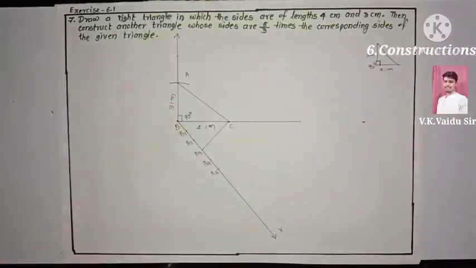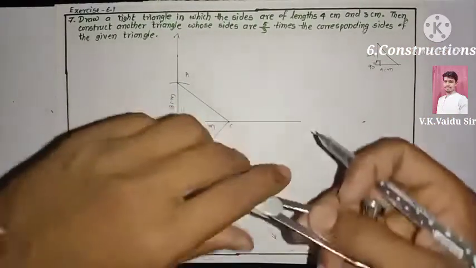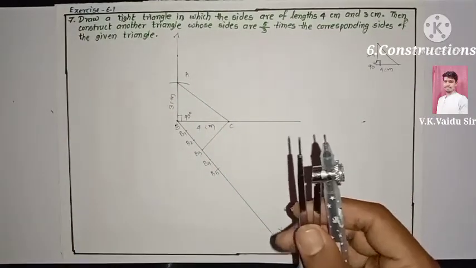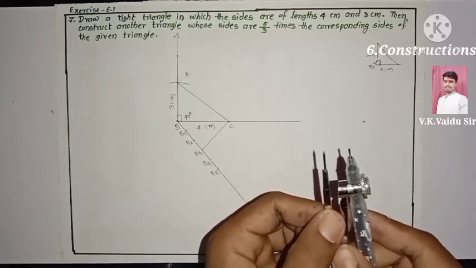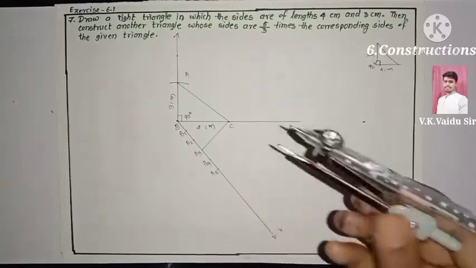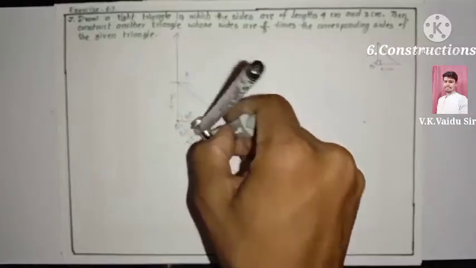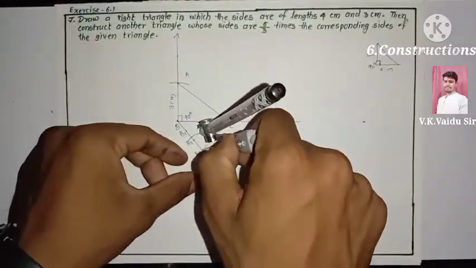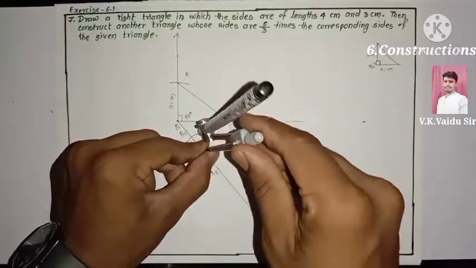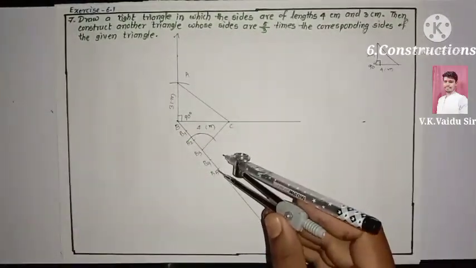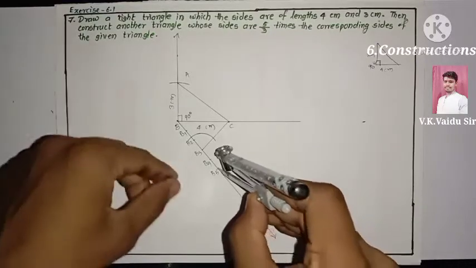Now take a compass with any distance. Put the needle of the compass on B3 and draw one arc. In the same way, put the needle of the compass on point B5 and again draw one arc. Take the distance of the previous arc's intersection in the compass, put the needle where the second arc intersects, and again draw one arc.